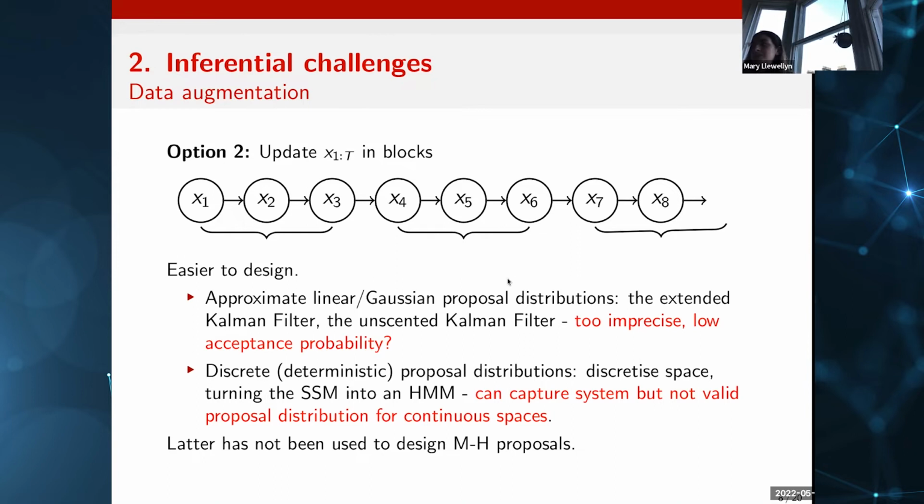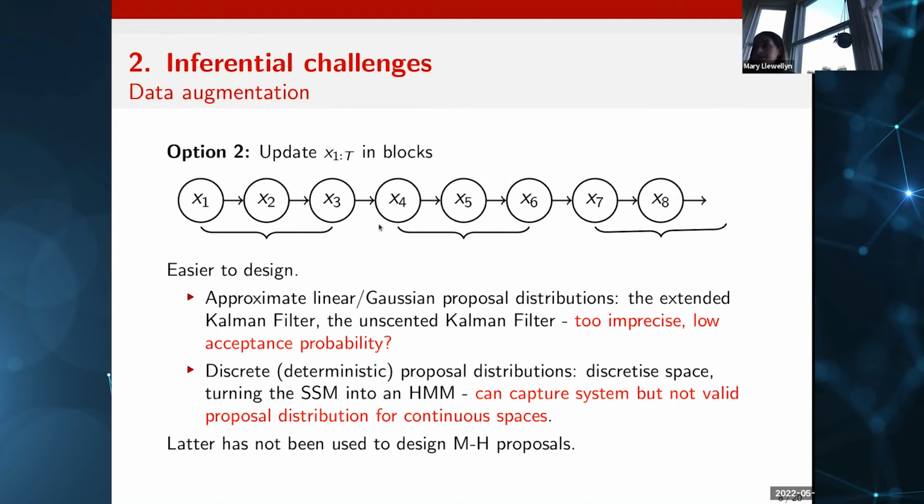Mainly we're trying to design proposal distributions for temporal blocks of states. So for example, we might design a proposal distribution targeting the full conditional distribution of the states at times 1, 2, and 3, conditional on the current value for the state at time 4.